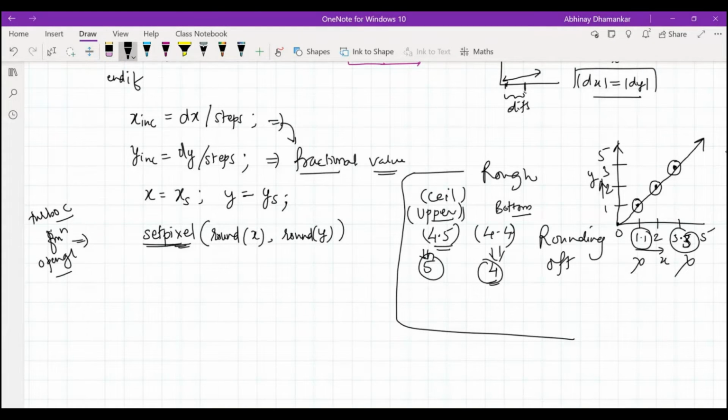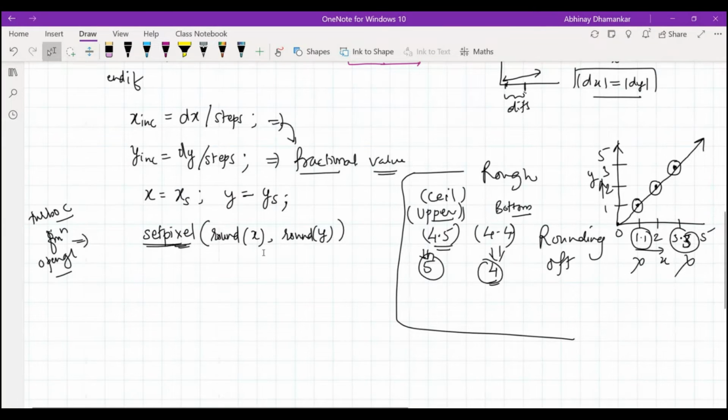We have another algorithm we will see in a couple of days, the Bresenham line drawing algorithm. In that we do not have any rounding off. First of all, it is very important to understand why we rounded off.